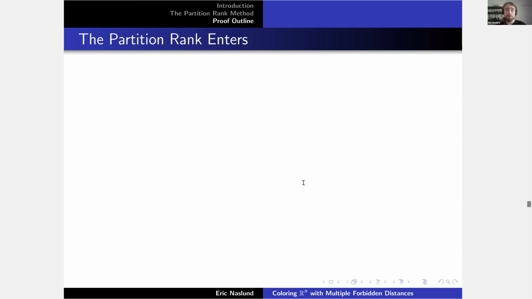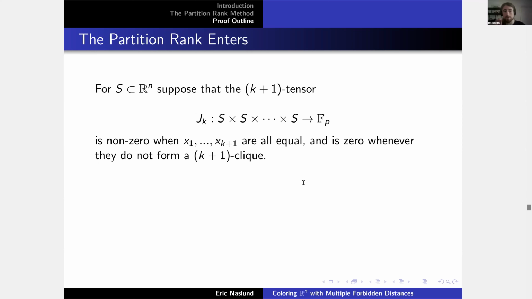And the next thing we do, here's where the partition rank enters. For some context, this set S is just going to look like a square box of integers, where we choose that box carefully down the line.